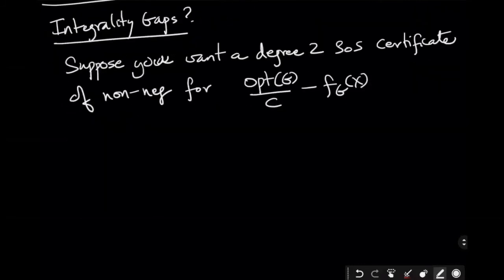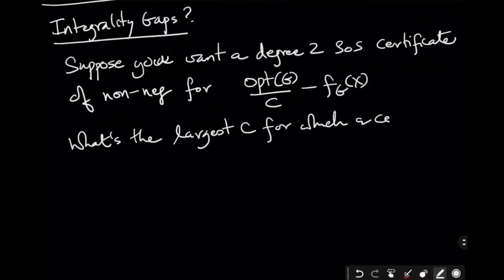So we can ask, what's the largest C for which such a certificate exists? In particular, is there a certificate for 0.878 plus epsilon? It's a natural question to ask.